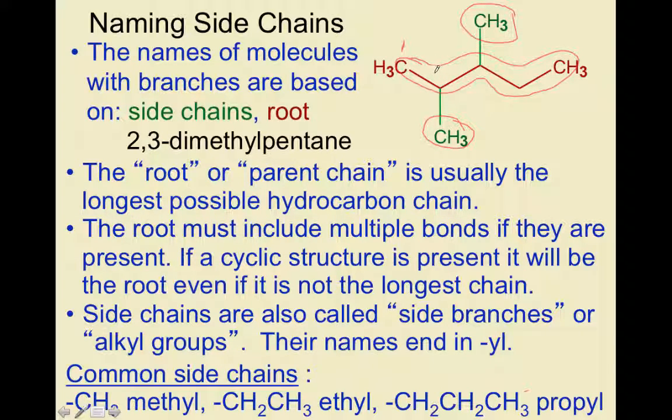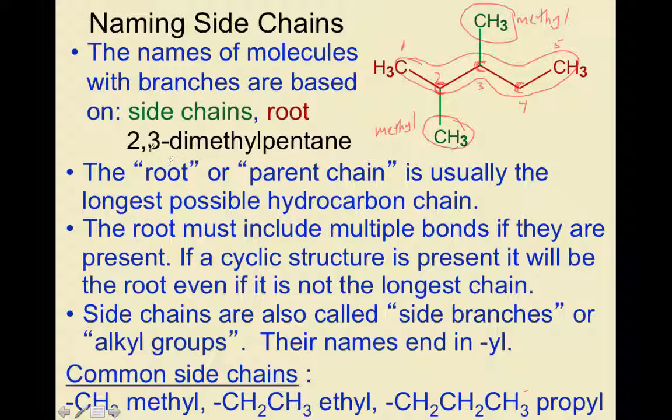My number 1 carbon, my number 2 carbon. So in this spot right here, that bend represents a carbon, this represents a carbon, this represents a carbon. Here's my number 3, my number 4, and my number 5. Okay? So I have a methyl group on my number 2 carbon, and I have a methyl group on my number 3 carbon.